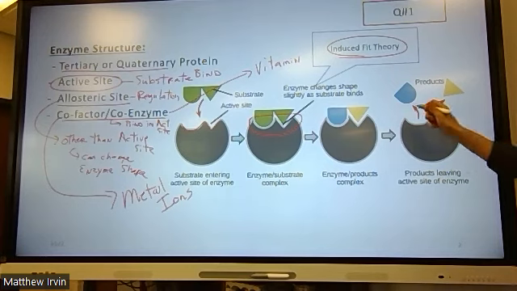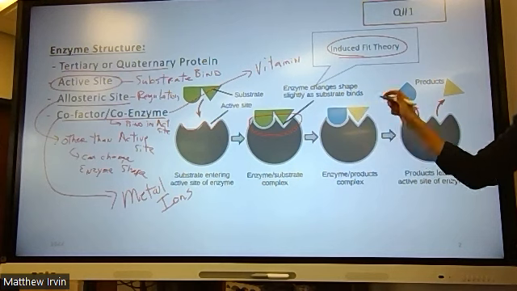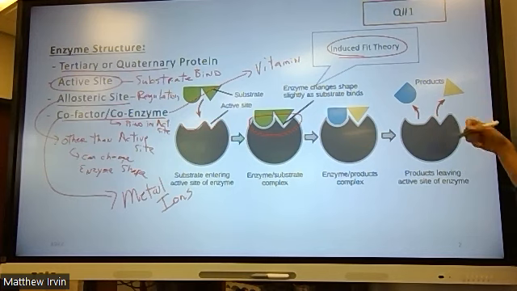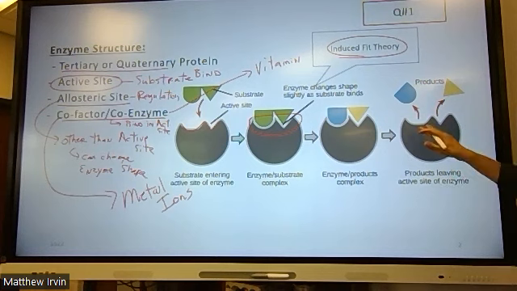And then after the reaction is done, the products are released and your active site goes back to its original shape, and it can continue to catalyze reactions. So the enzyme is not consumed, it is going to be continued on.